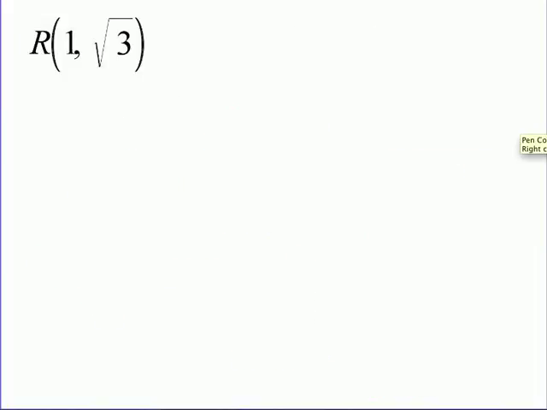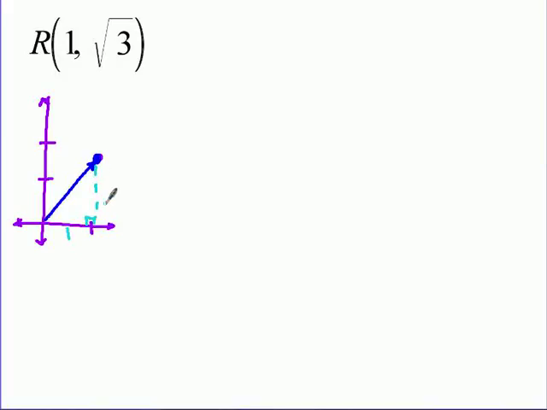Okay, so the point is 1, root 3. So the first thing you're going to do is plot that. And once again, this is in quadrant 1, so everything's going to be hunky-dory here. So I have 1 here. So 1, root 3 would probably be about right here. So let's go ahead and draw that in.